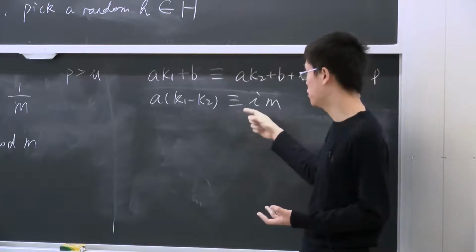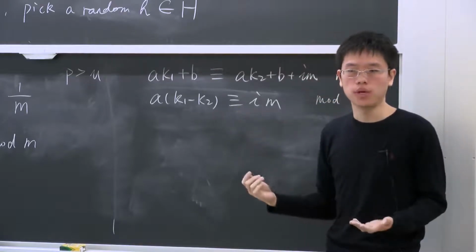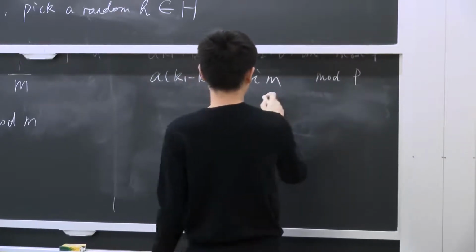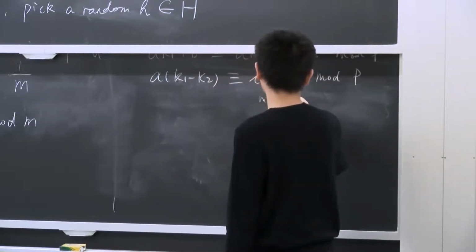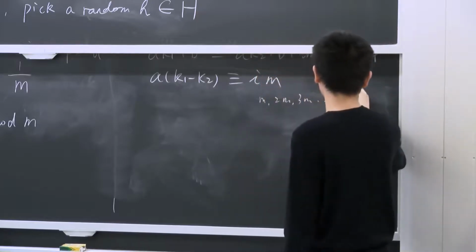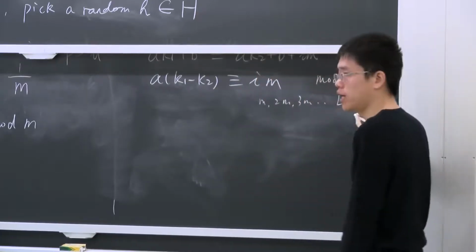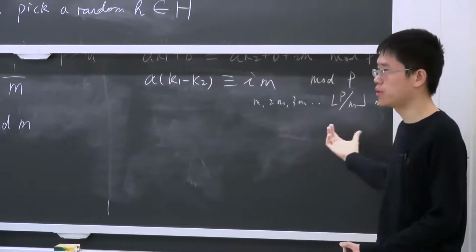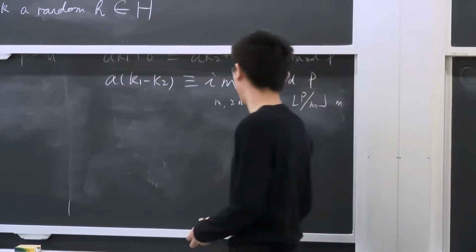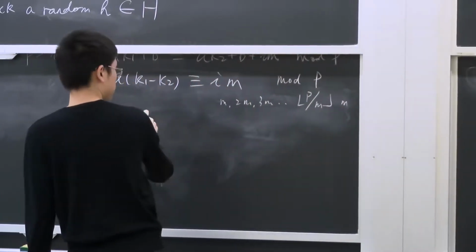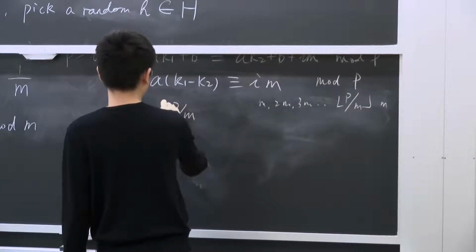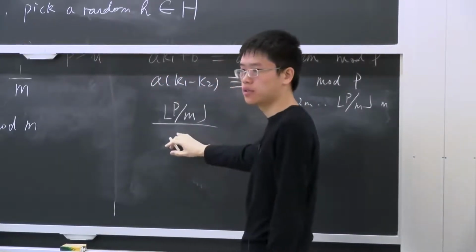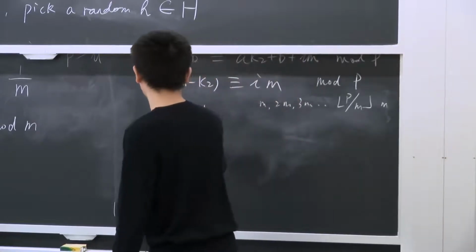Another a makes the equation hold with i equals 2. But how many such a's do I have? At most, because this equation can hold with m, 2m, 3m, all the way to floor of p over m, times m. This is the total number of possible ways this equation can hold. So how many bad a's do I have? I have p over m over the total number of a's, which is p minus 1.